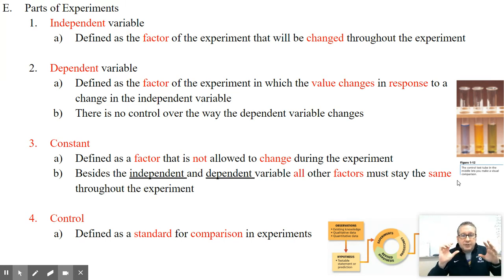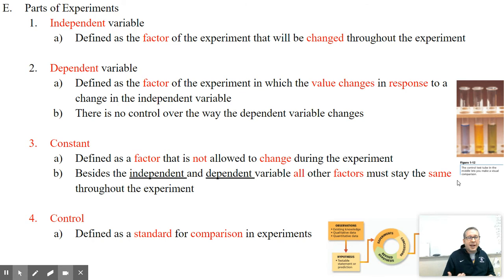If we were using different amounts of the vaccine, we don't want to at the same time change the strength of the vaccine every time we change, because then we wouldn't know which was more effective, the amount or the strength of the vaccine. Okay, so you only change one variable at a time, and that way you can pinpoint if it's effective or not effective. So everything else has to remain constant.